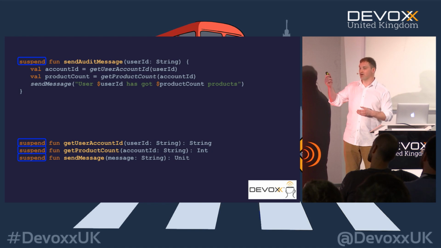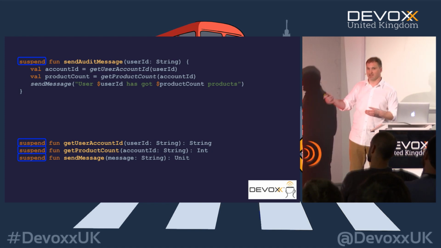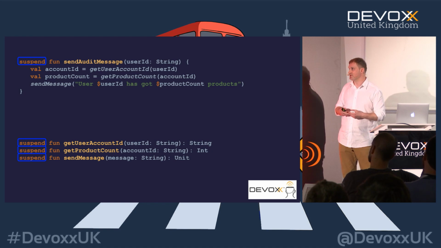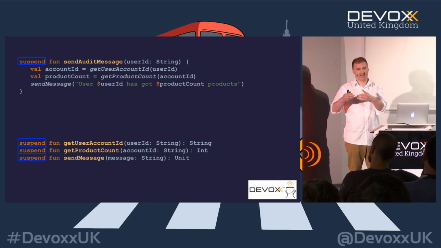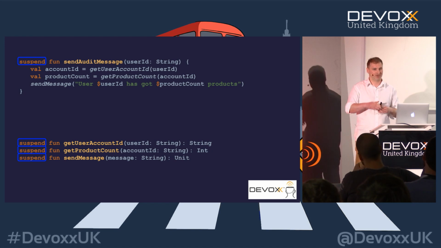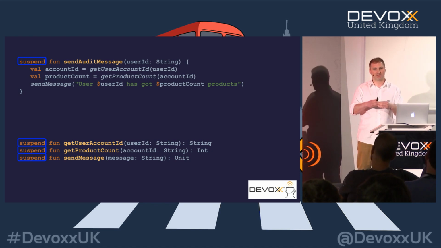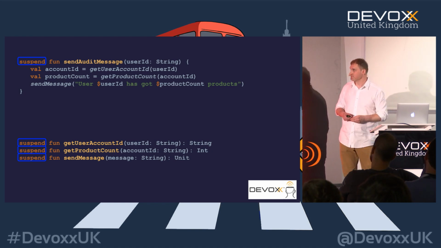Our sendAuditMessage function can now suspend when it calls getUserAccountID, getProductCount or sendMessage, because all those three functions are suspending. And by suspending, I don't mean that the threads that execute it will be blocked. There is no such thing as blocking a thread, because coroutines can suspend execution in one thread and resume execution in a different thread.